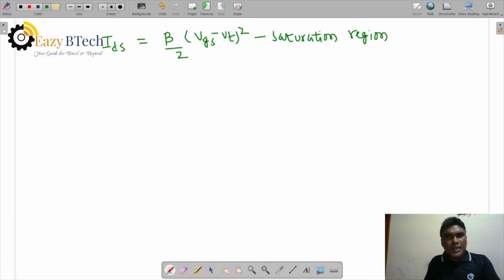Okay. Let us take the current equation of PMOS, the drain to source current of PMOS, IDSP. IDSP is equal to beta times VGS.